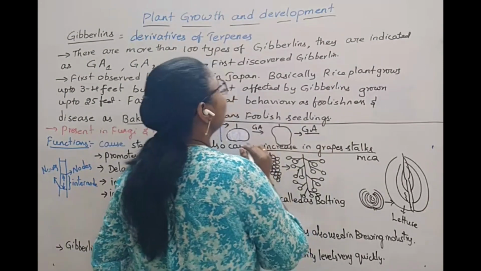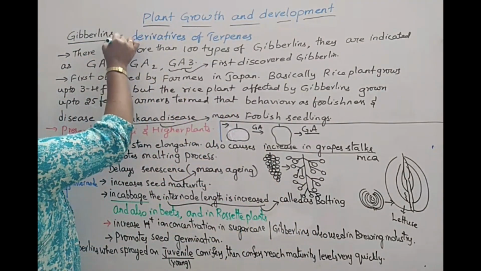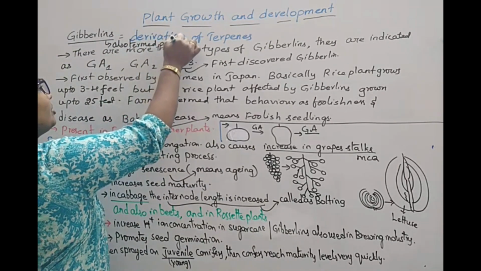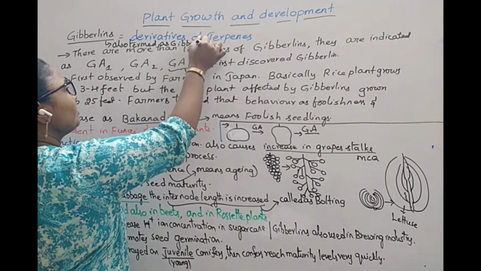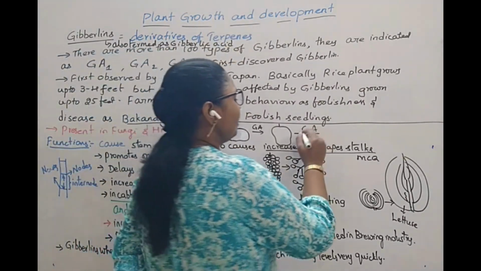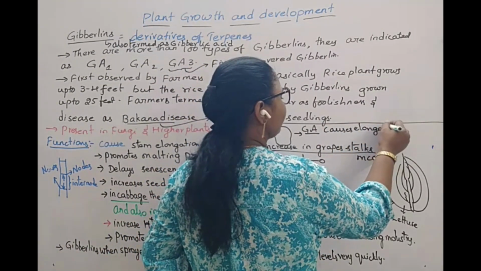Gibberellic acid, so we can write gibberellins, also termed as gibberellic acid. Their chemical nature is acidic, causes elongation in apples.